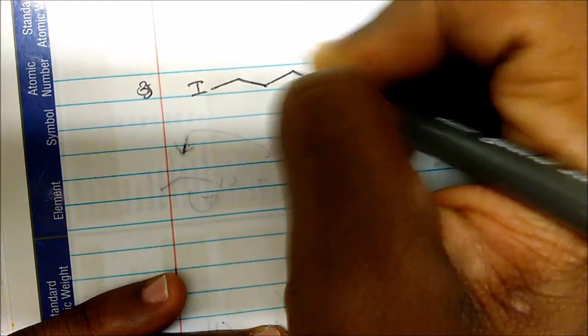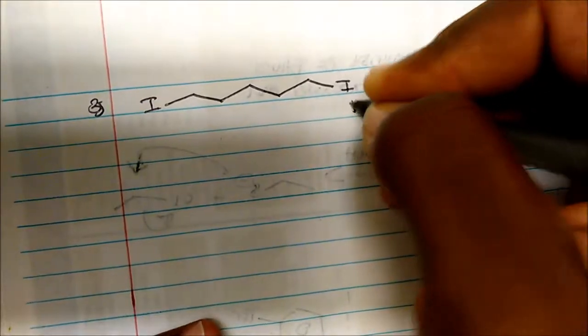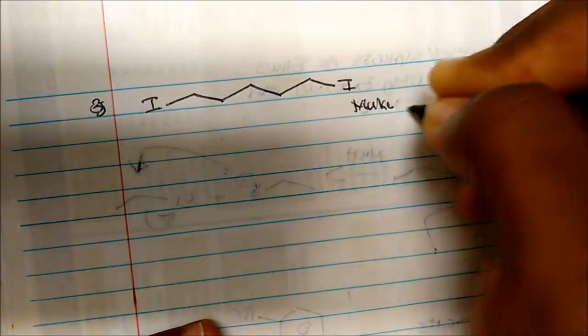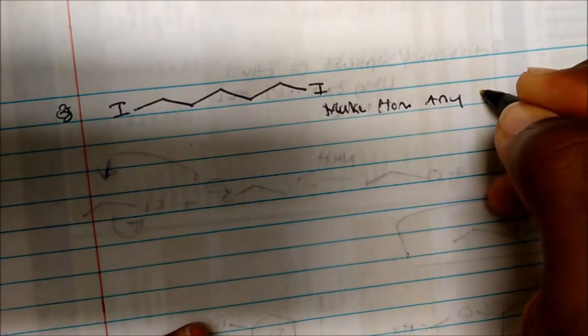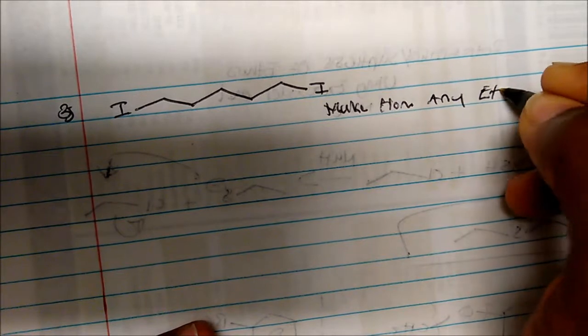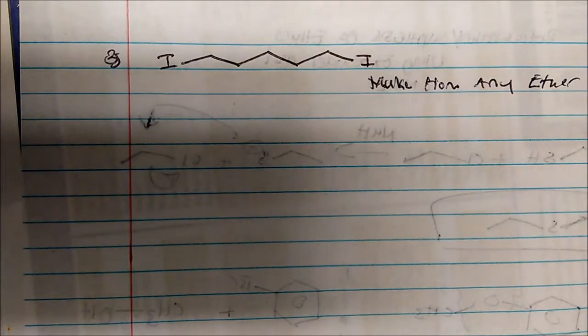So let's look at a couple of problems. So what if I'm given this molecule here, and the directions were to make it from any ether? What would be my starting materials? Well, again, remember we said ethers mostly react in acidic conditions, so we should be thinking about some sort of acid.